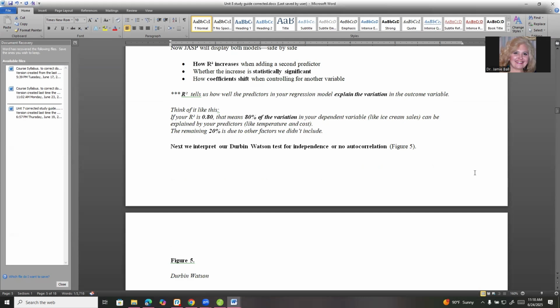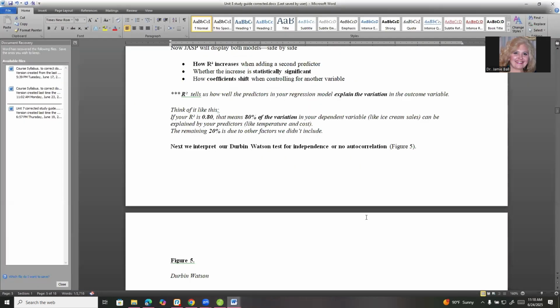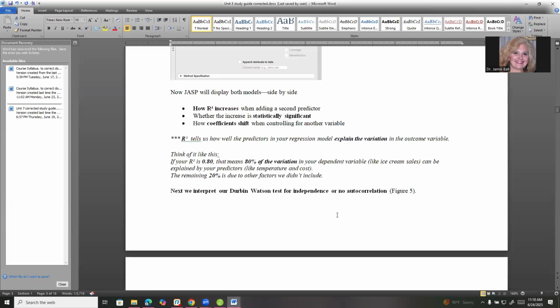R-square adjusted, which we see right here, adjusted R-squared, is the better number to use in the event of bias. It's always just a little bit less than R-squared. And the R-squared difference tells us how R-squared increases when we add a second predictor.